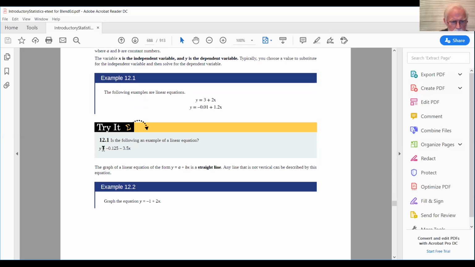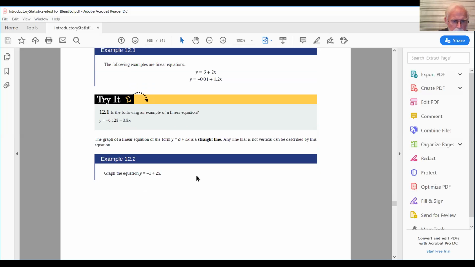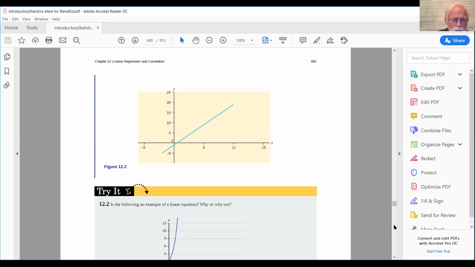In the case of this 12.1 example, the point at which the line crosses the y-axis is minus 0.125, and it is a downward slope, and the slope is fairly steep. 3.5 is the slope, so it's a straight line. And we can graph those. Let's go to the next page.